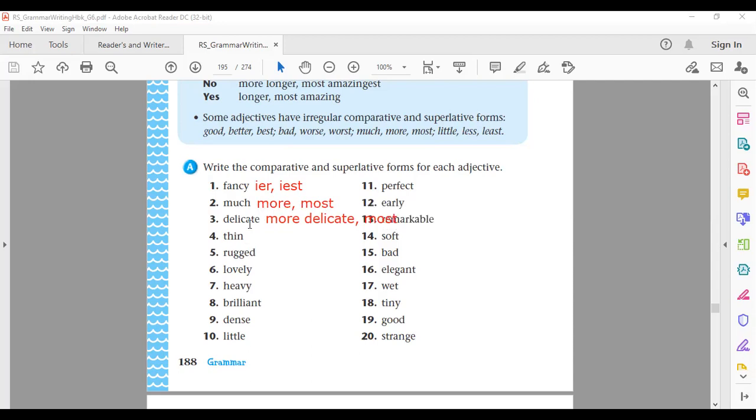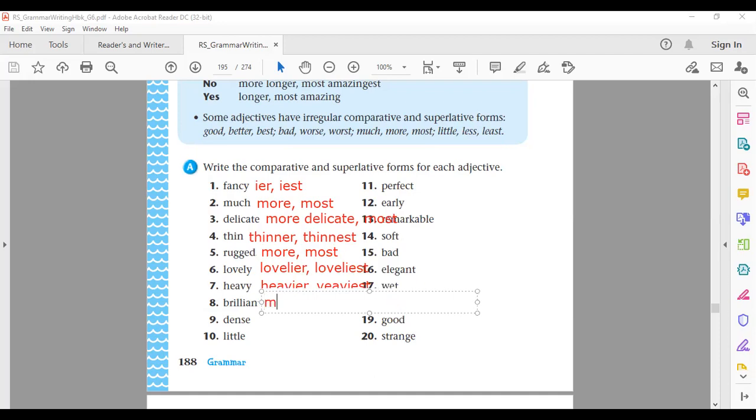Thin will become thinner and thinnest. Rugged will become more rugged and most rugged. Lovely becomes loveliest. Heavy becomes heavier and heaviest.